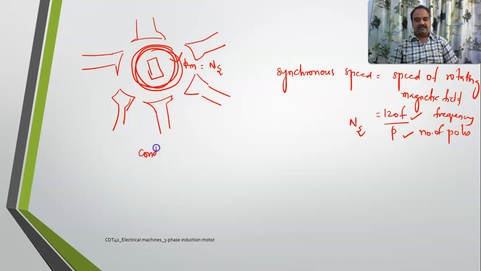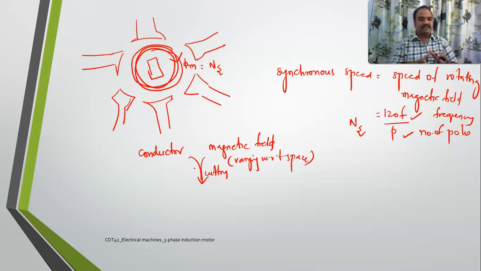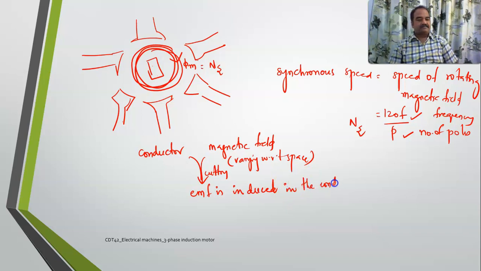Your conductor is now in a magnetic field which is varying with respect to space. There is a cutting of magnetic lines of force by the conductor, right? So automatically, an EMF is induced in the conductor.